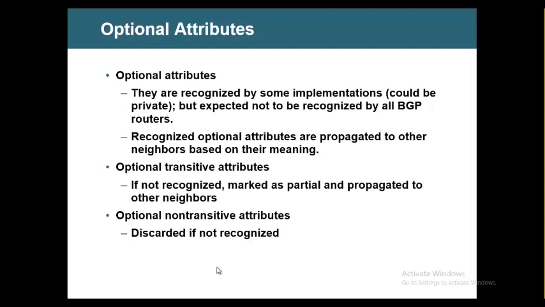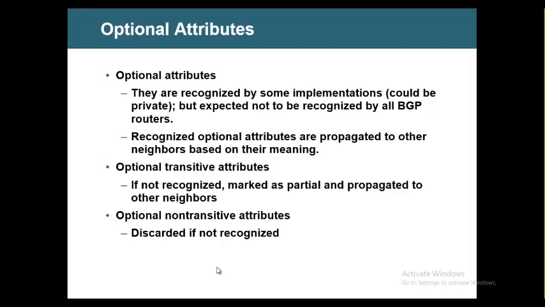Next is optional. Optional attributes are recognized by some BGP appliances. They are recognized by some implementation. This could be a private attribute, not recognized by all, but expected not to be recognized by all BGP routers.